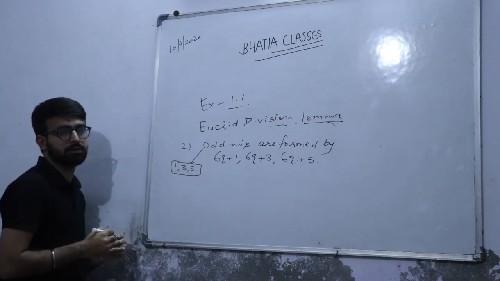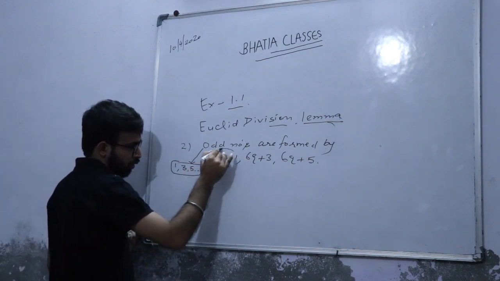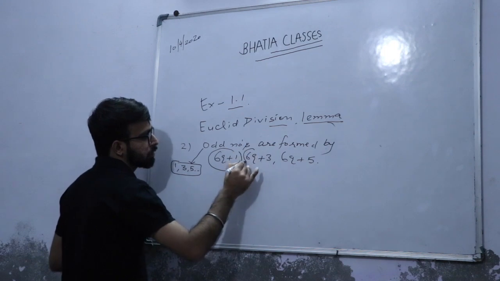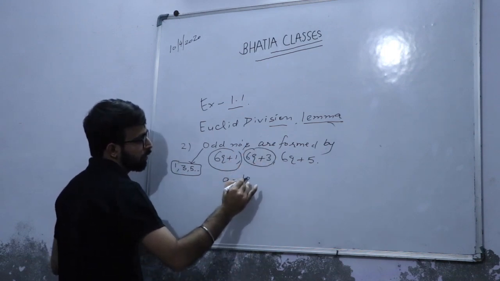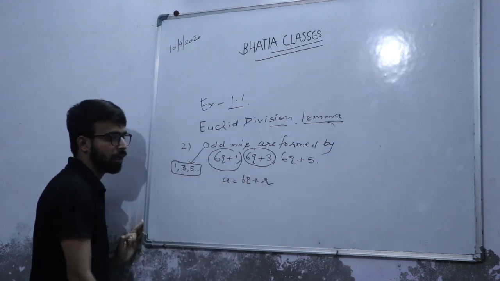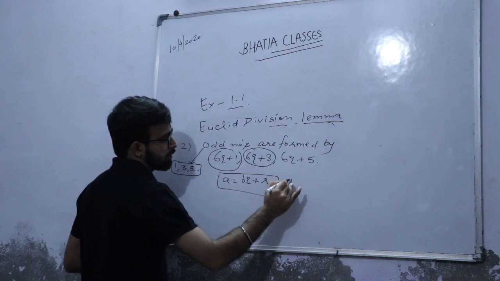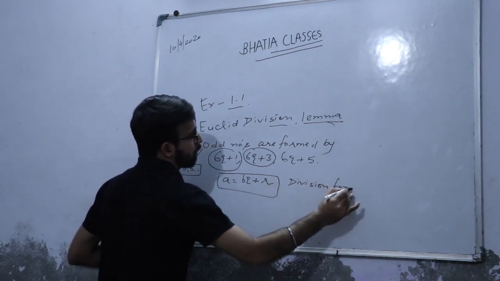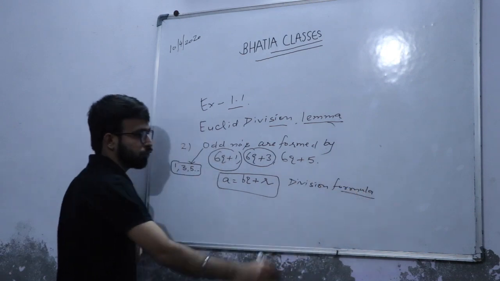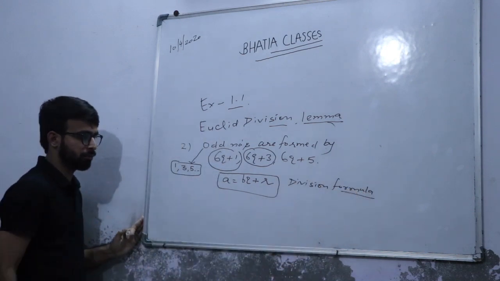These are odd numbers. Now, let's see. These numbers have to be compared with a equal to bq plus r. This is division algorithm, or you can say division formula.